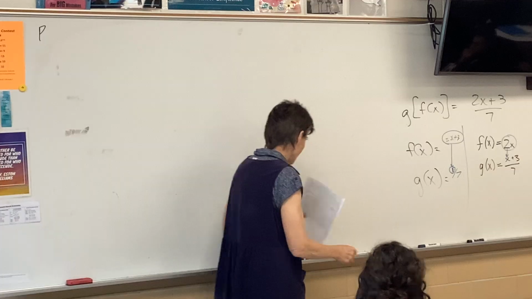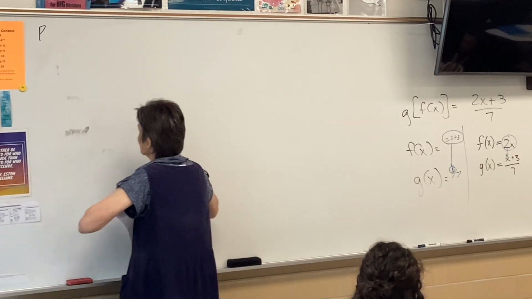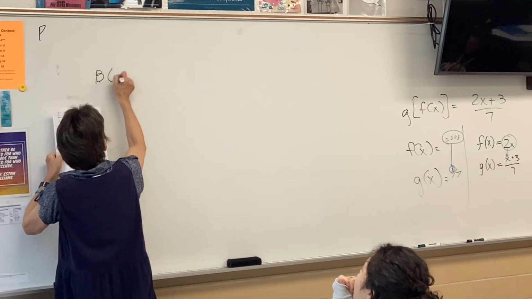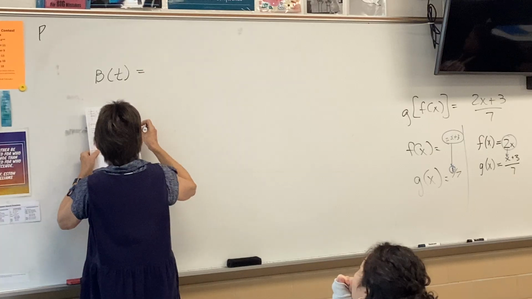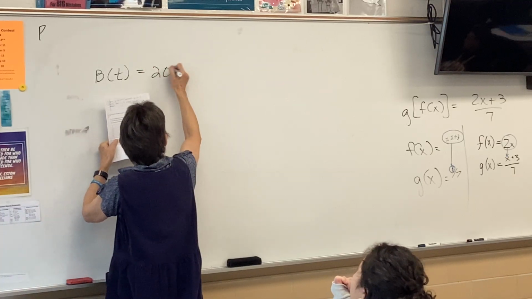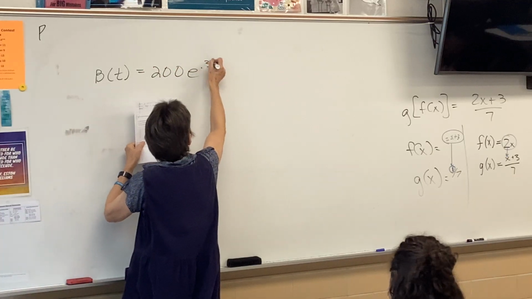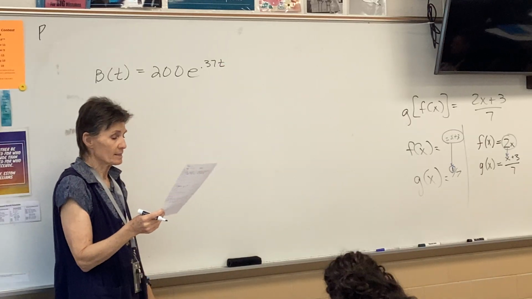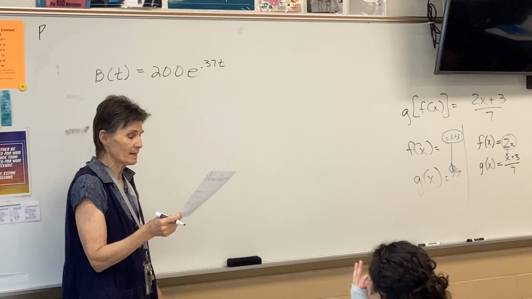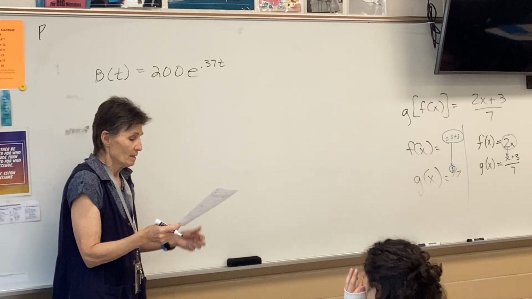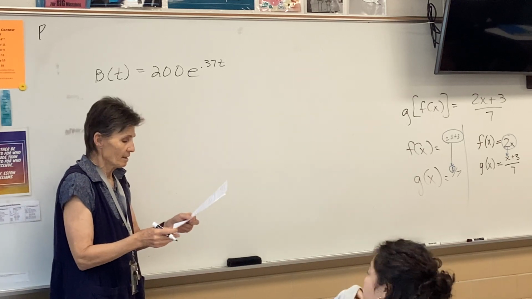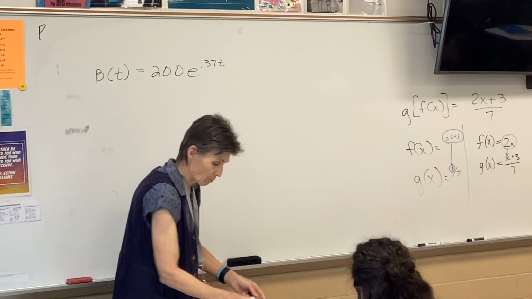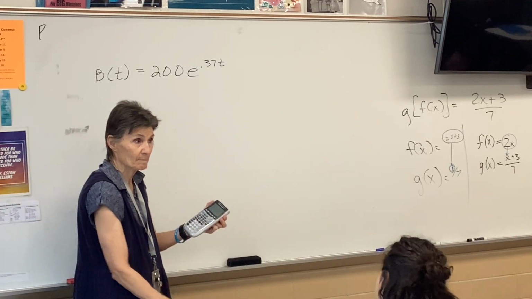We have number 7. This is our last problem. We are given an equation that tells us the number of bacteria present after T minutes. Problem A says, find the number of bacteria present after 11 minutes.